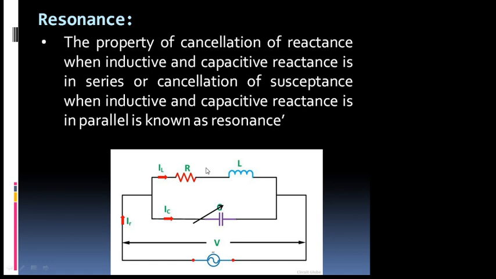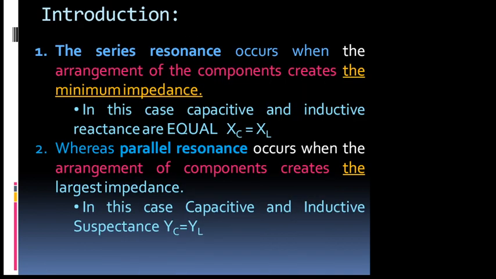If this natural frequency is driven by the forced frequency, that is the frequency given by the AC supply or AC source, then when both frequencies match, resonance occurs. This phenomenon is known as resonance, when the natural frequency matches the forced frequency. That is another approach to understand resonance.